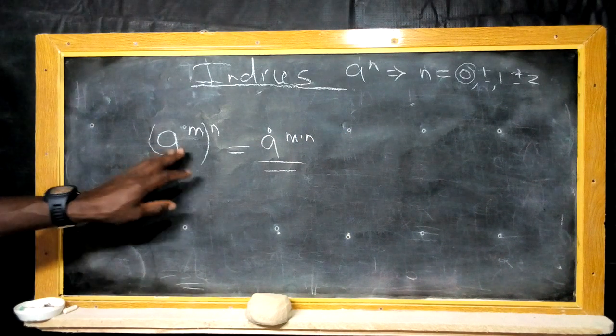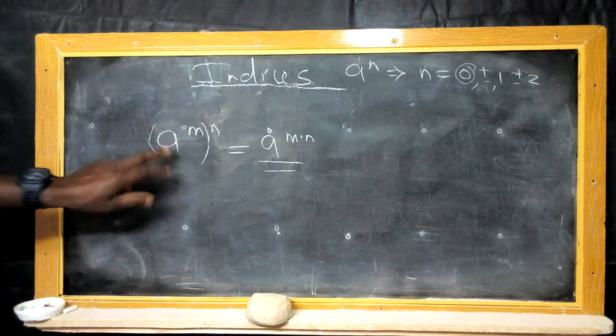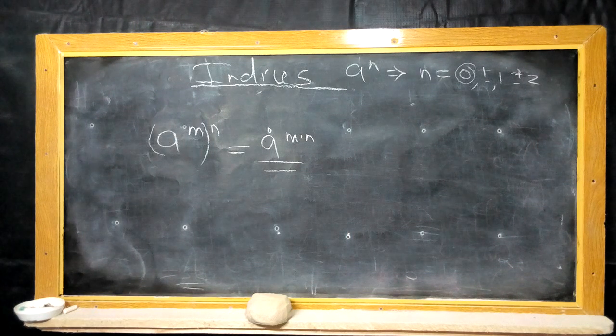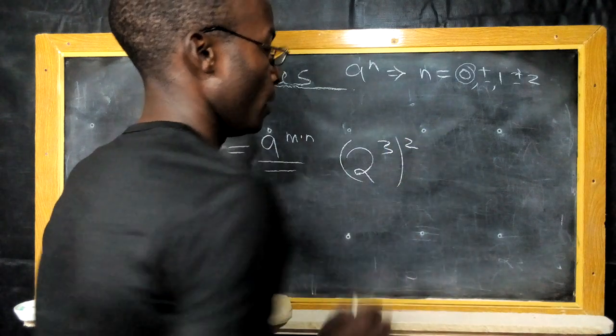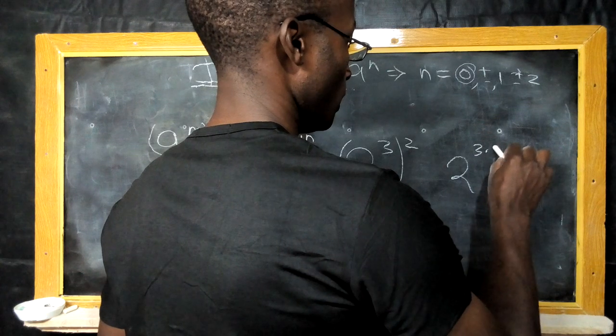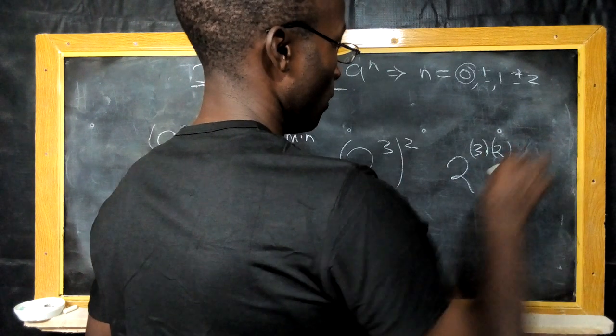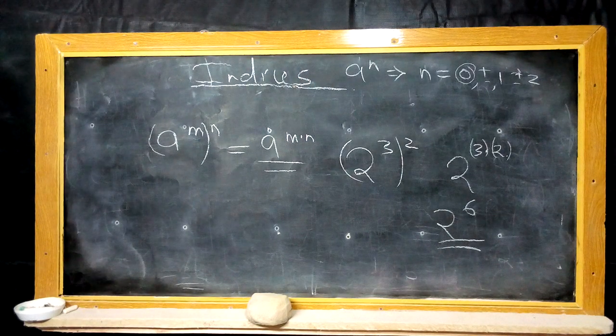So suppose we have an exponent that has been raised to a particular power, then we are going to have that. We're going to look at the distributive rule. Suppose we have different numbers in between here, but for now, that is how we apply that kind of rule. That is power over power. So for example, we have 2 raised to power 3, and then it's a square of that. So we have to write this as 2 raised to power 3 times 2. So it's 2 raised to 6.